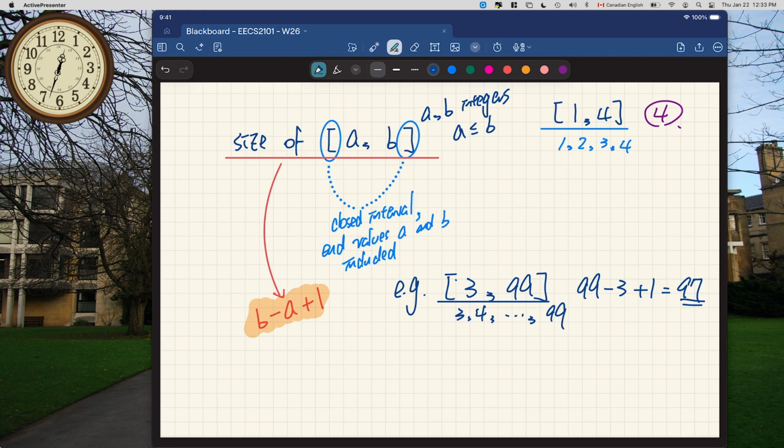All right. That's one. Another one would be if I got, let's say, 0 to 99. This one is actually more relevant to what you learned earlier. We're basically asking, let's say you have an array. Minimum index is always 0. And the maximum index is actually 99. I'm now asking you, what's the length of the array?